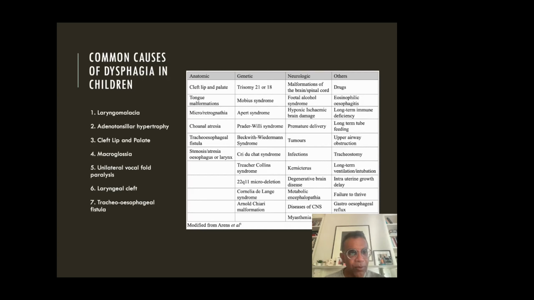In general, most of these conditions are diagnosed relatively easily, and the treatment is relatively straightforward. Essentially, fixing the anatomical anomaly results in close to complete cure.